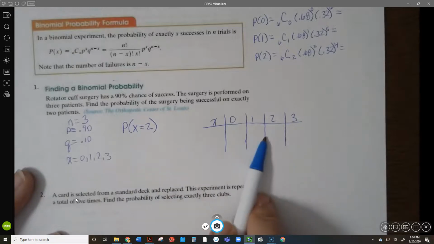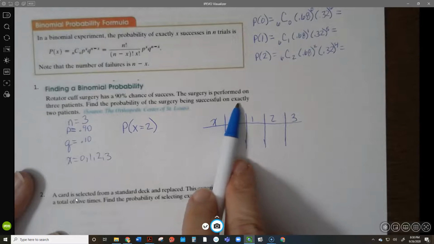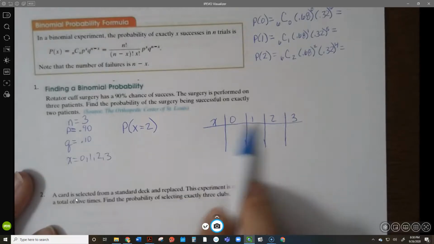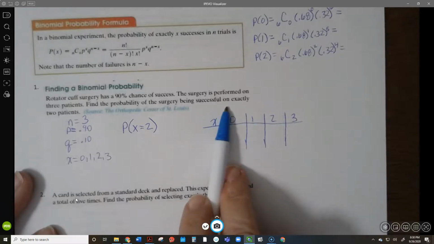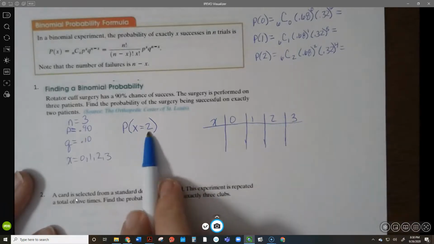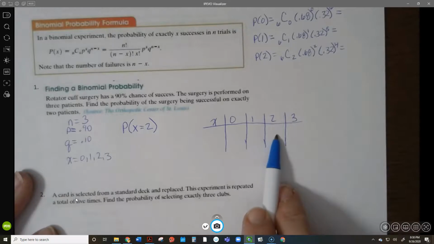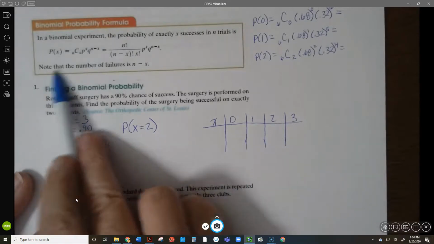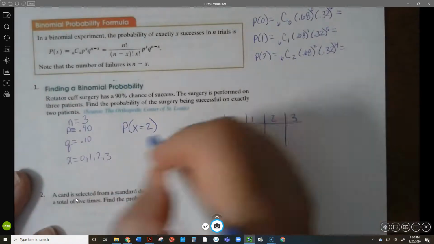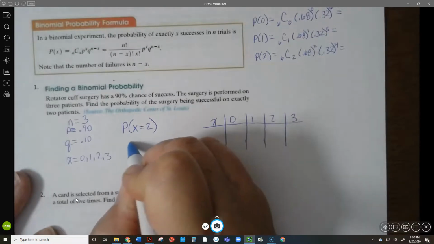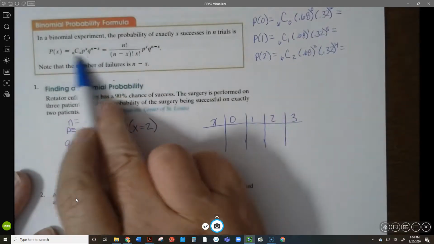That's exactly 2. They could change and say 2 or more, or less than 2, and that's when you have to figure out what they're talking about. You have to pay attention to the words, but this one's just asking you for what goes in this box right here.